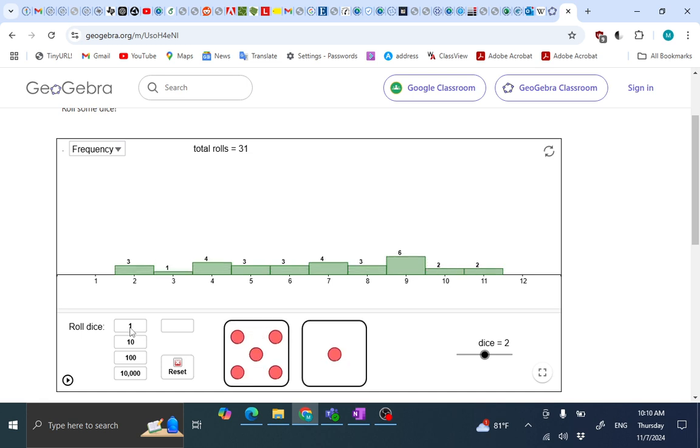After a while I want to go faster than this, so maybe I throw this thing 10 times and record all of them.